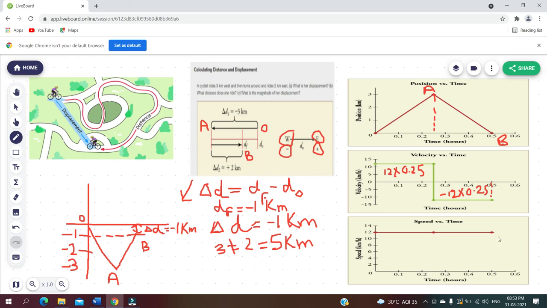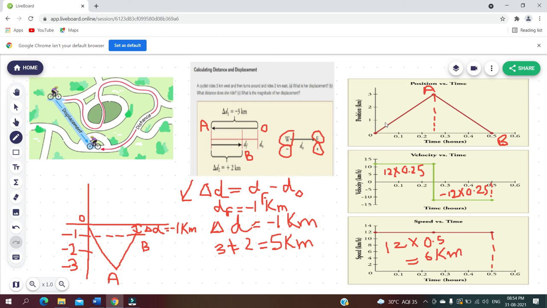So to find the distance, we have to find the area under this speed-time curve and the time axis, which will be equal to 12 into 0.5, which is equal to 6 kilometers.